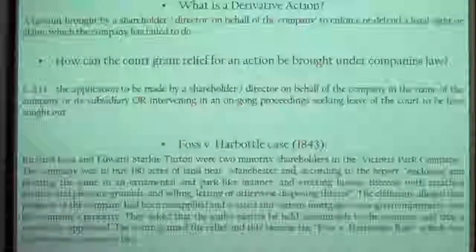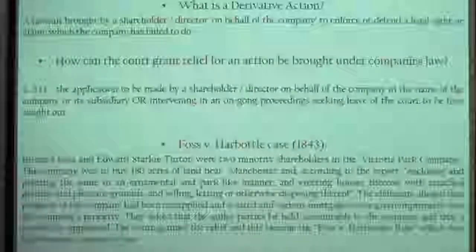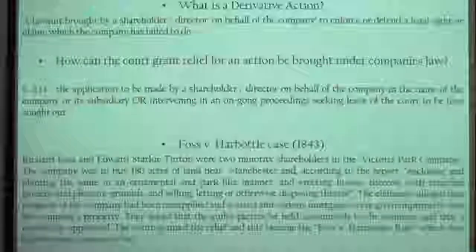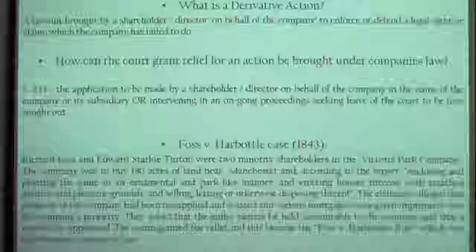So, in a derivative action, the shareholder or the director who is complaining to the court about a certain mishandling of the affairs of the company should appear with the intention of safeguarding the company itself.